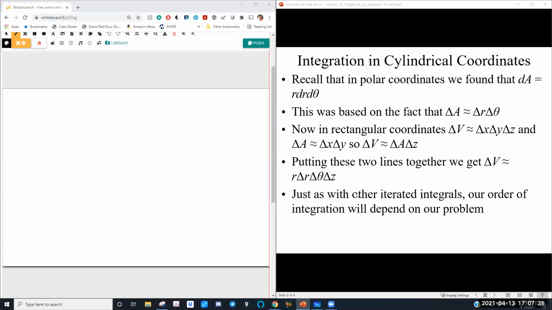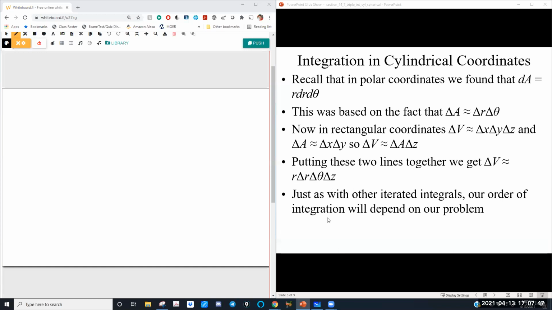We still have to put that R in our dV. The order will depend on what order we want to integrate in. So just like you had to put the R in the integrand in polar, we have to do it in cylindrical. Again, I see cylindrical and polar as the same thing, just cylindrical is the 3D version of polar.